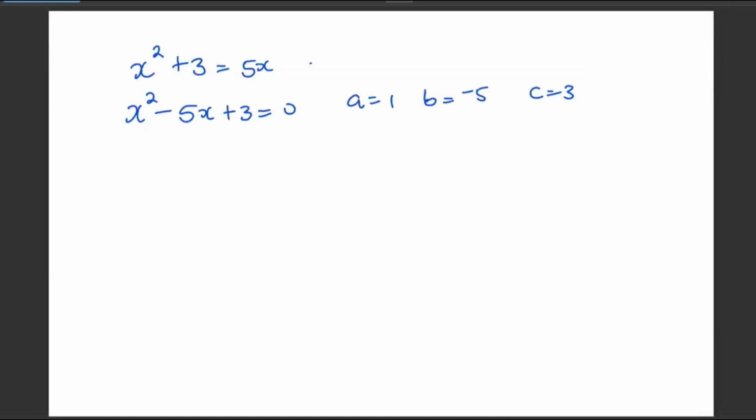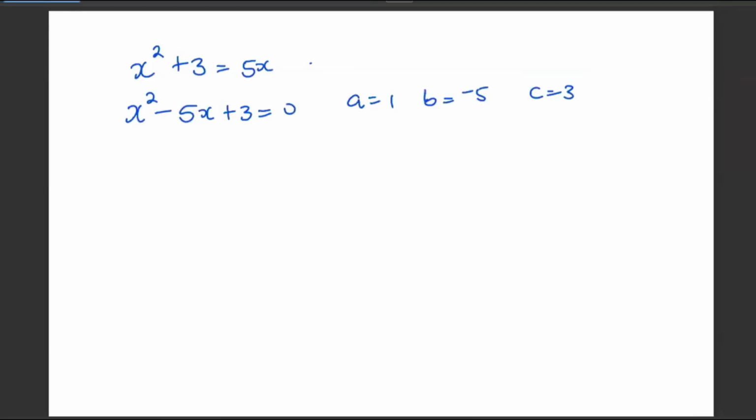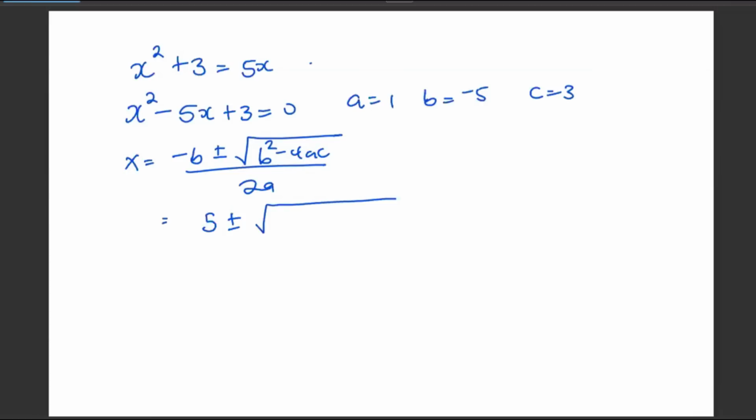Whenever they ask us to give the answer to 2 decimal places, our minds should run towards the quadratic formula. So x is negative b plus or minus the square root of b squared minus 4ac, everything over 2a. If we substitute, negative negative 5, plus or minus the square root of negative 5 squared minus 4, the a is 1, the c is 3, all divided by 2 times 1.